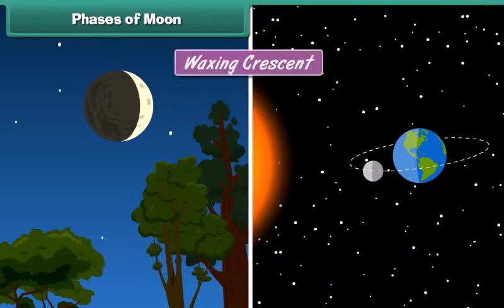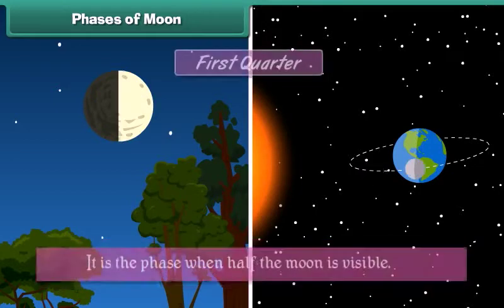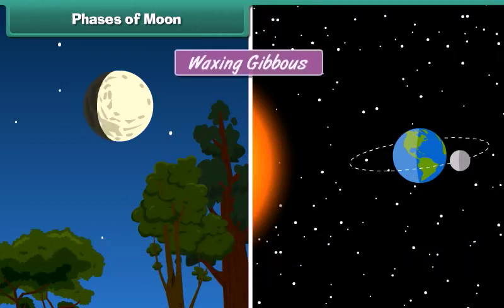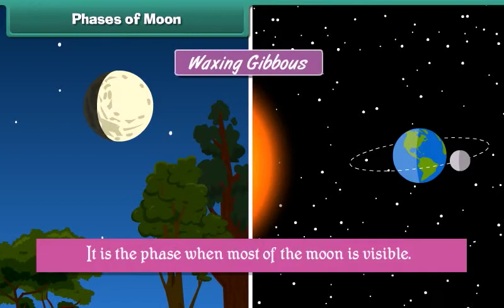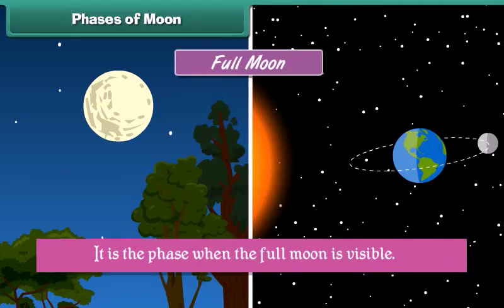Waxing crescent. It is the phase when the Moon begins to appear. First quarter. It is the phase when half the Moon is visible. Waxing gibbous. It is the phase when most of the Moon is visible. Full Moon. It is the phase when the full Moon is visible.